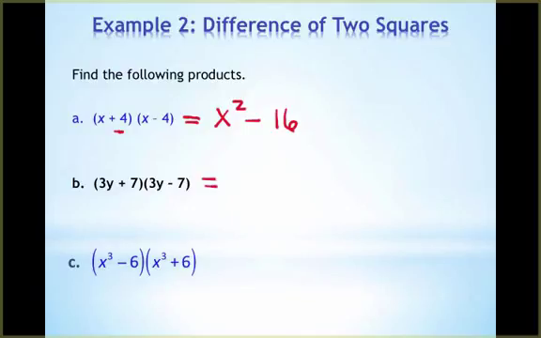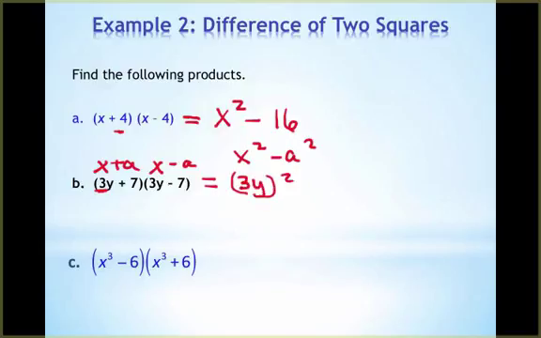In the second problem, notice that we don't have an x, we have a 3y plus 7 and a 3y minus 7. So we're going to treat the 3y as the x. So if our answer is supposed to be x squared minus a squared, then that would be 3y squared minus 7 squared.